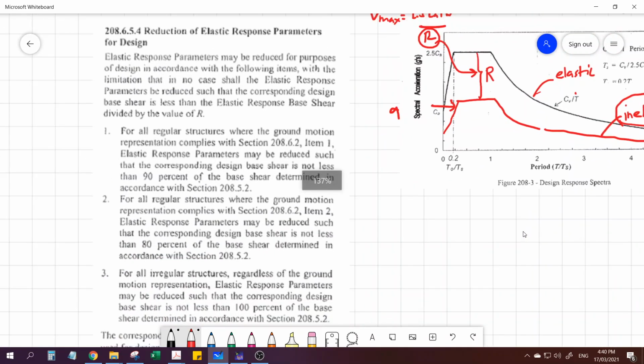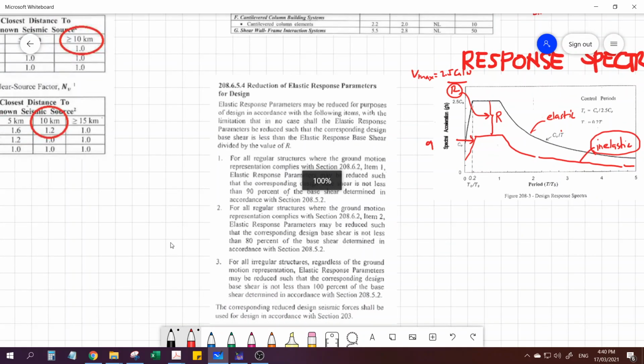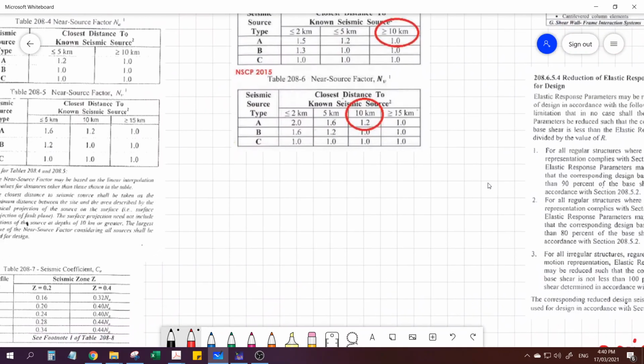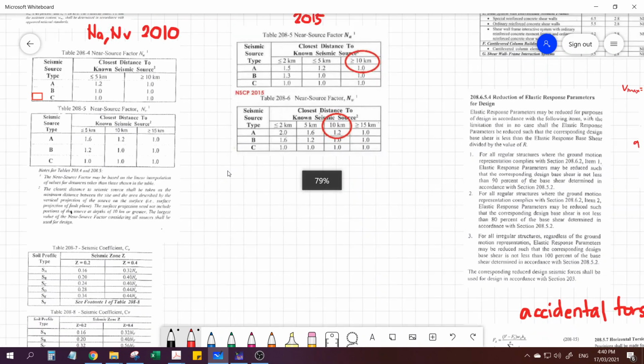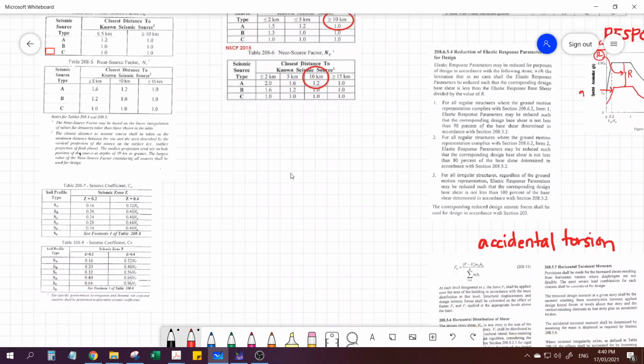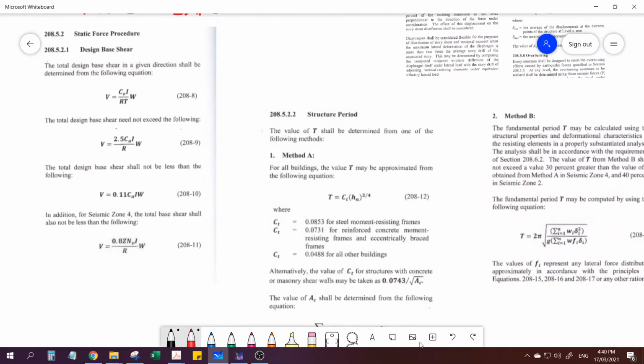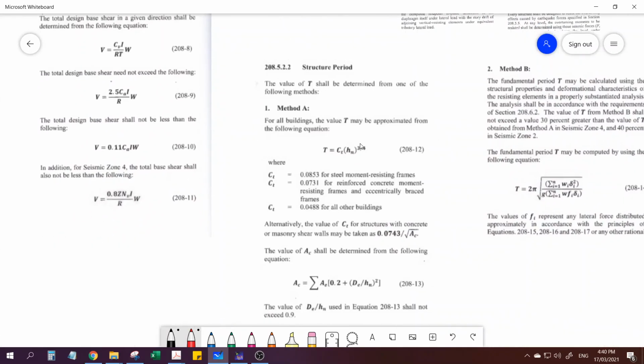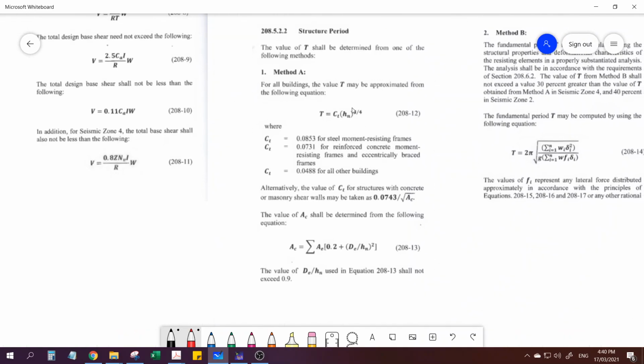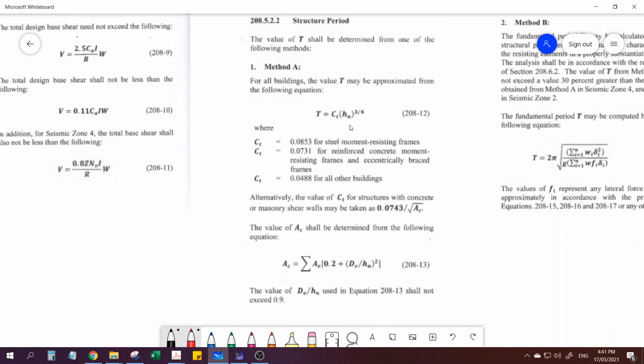Where is the formula for period? This one, I think. Yeah, this one. So we will be using a structure period method A. So Ct h raised to 3/4.